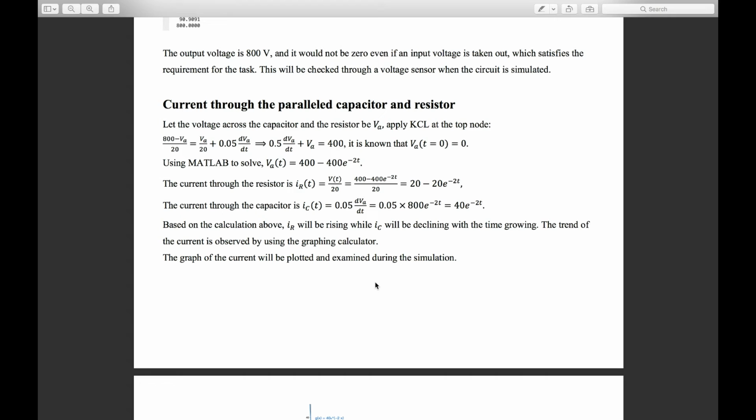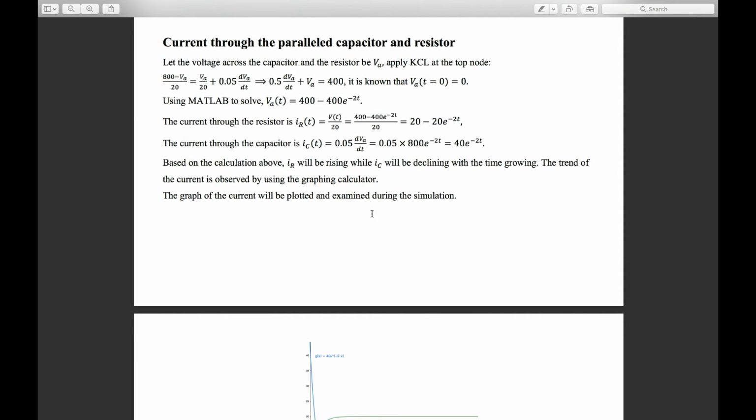And we use MATLAB to solve, come up with VA(t) equals 400 minus 400 times e to the power of minus 2t. Applying Ohm's law, we get the following equations for the current through the resistor and capacitors, in this order.